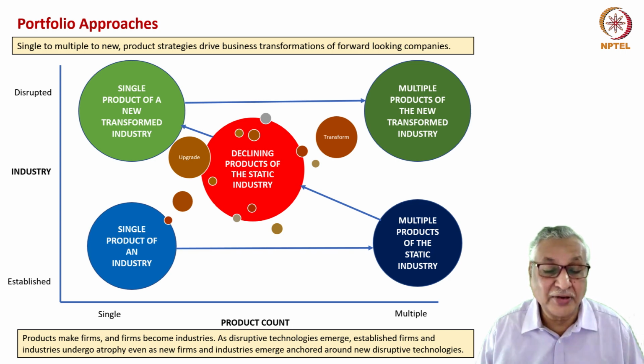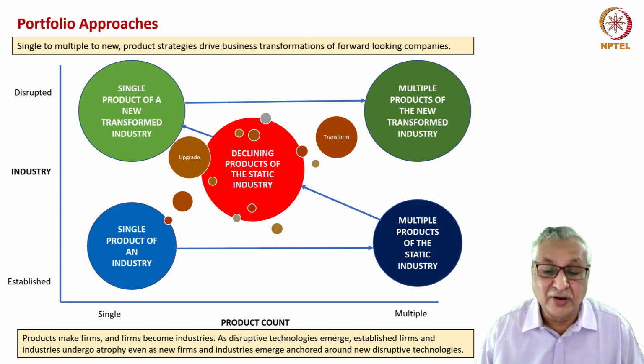So again, you are back to the single product count concept, but in a completely different manner, using disruptive technology. Once you have that, you again move to having multiple products of the new transformed industry, and this movement continues. So products make firms, firms make industries.